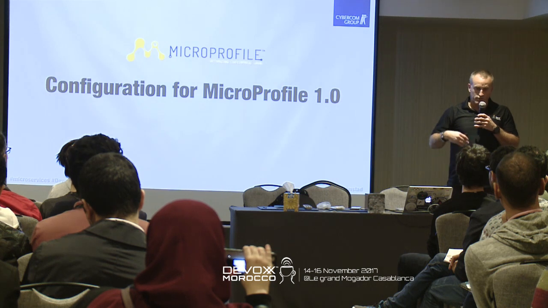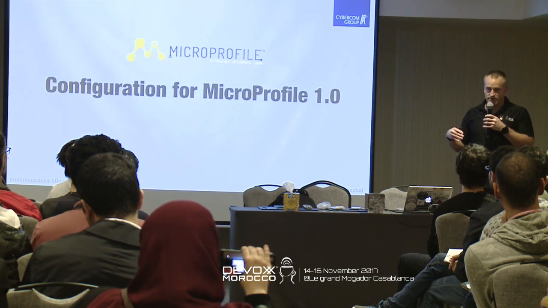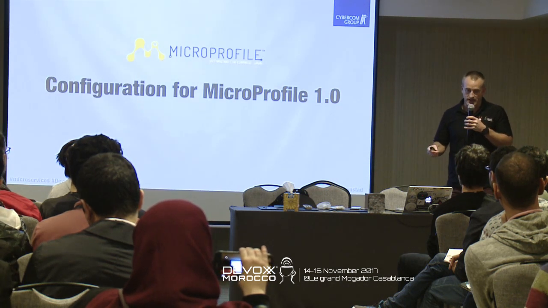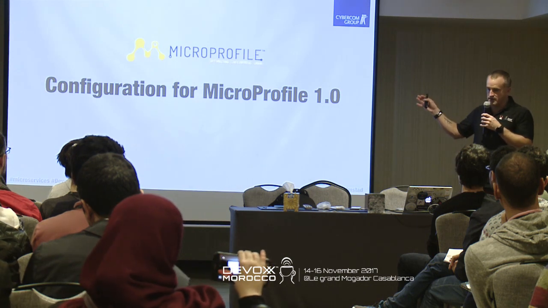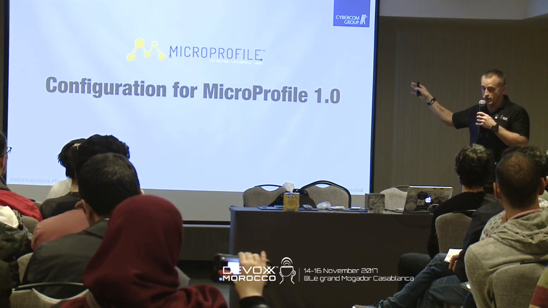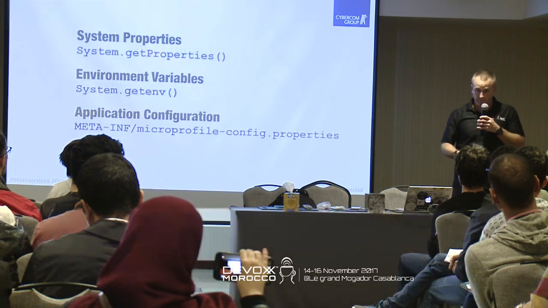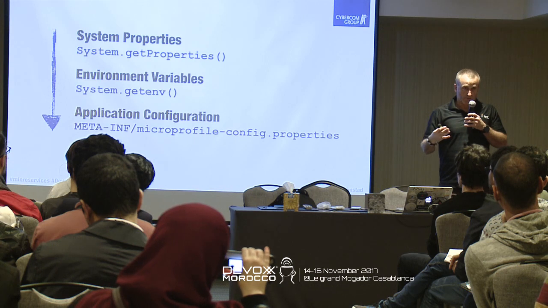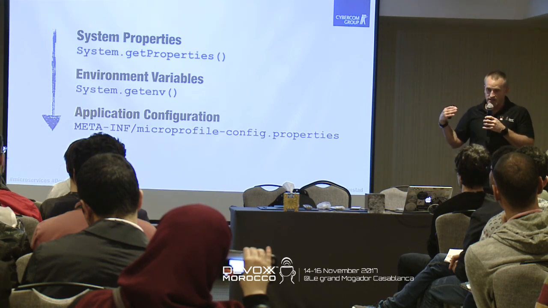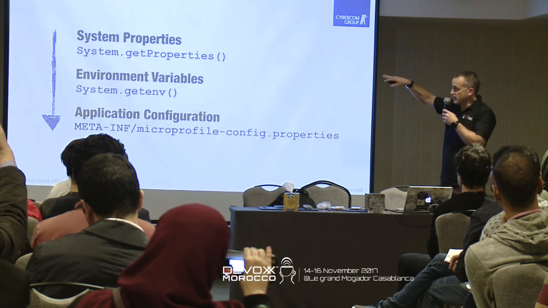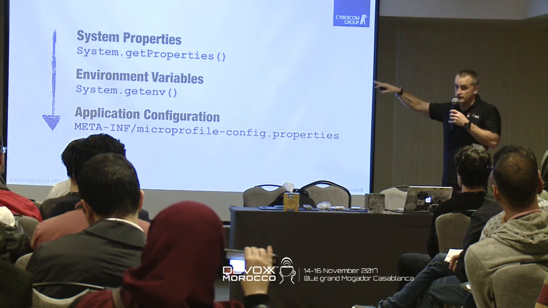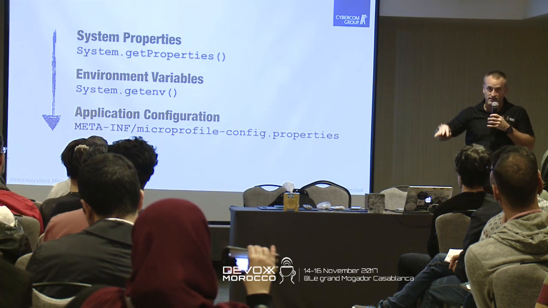So one implementation of this pattern is the configuration APIs for MicroProfile. And this is now version 1.1, I think, and I'll demo it in a minute. The way it works for MicroProfile is that the higher order of properties you set will override the lower one.